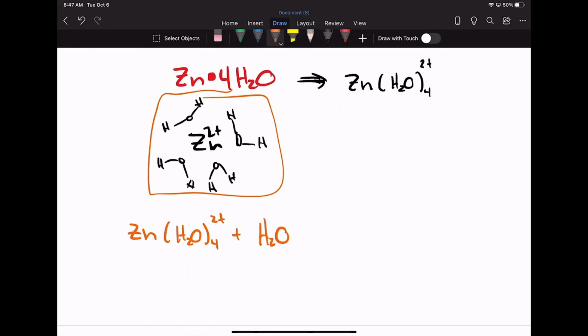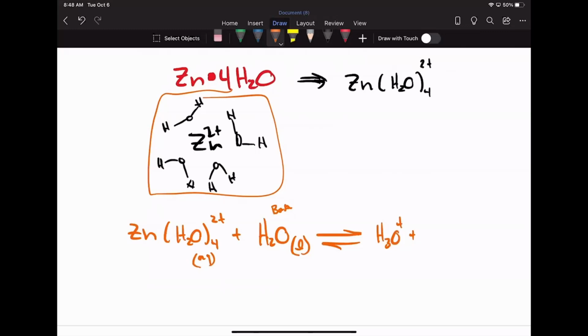So if I add this into water, and this is going to be aqueous here, put it into some liquid water, well, this hydrated metal ion is going to act as my acid. And the water is going to act as my base here. And if I add a hydrogen to that, I'm going to get hydronium.